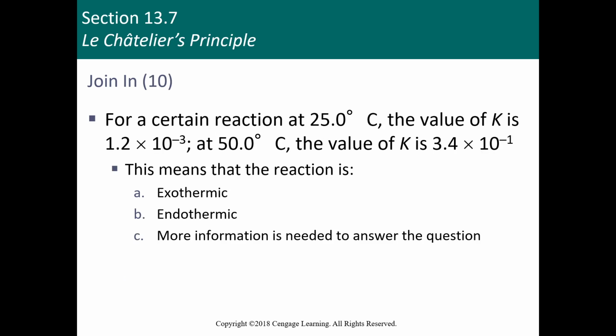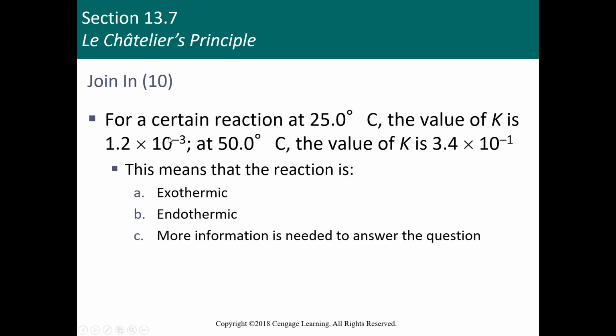For a certain reaction at 25 degrees Celsius, the value of K is 1.2 times 10 to the negative third. At 50 degrees Celsius, the value of K is 3.4 times 10 to the negative 1. So at 25 degrees Celsius we have that value, at 50 degrees we have this value. And so what we see here is at 25 degrees, this value is smaller.